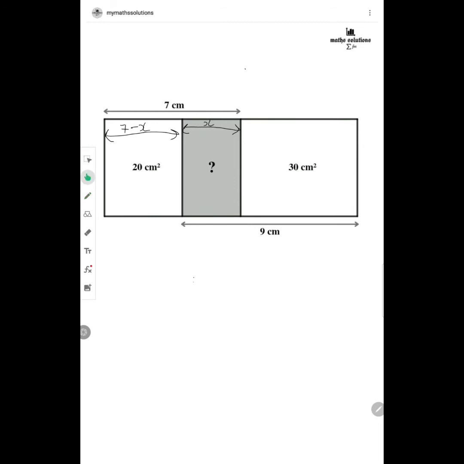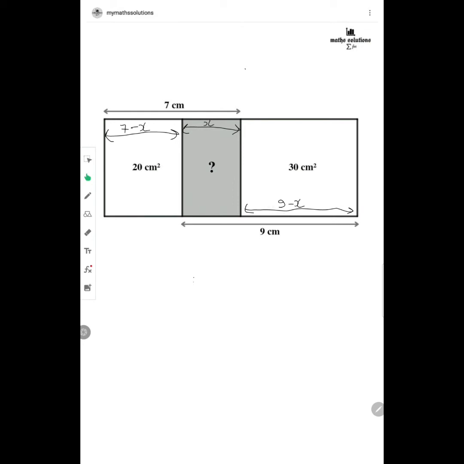And because this has the length x and this whole thing is 9, this must have the length of 9 minus x. So this is 9 minus x. That's the first step you're gonna do.